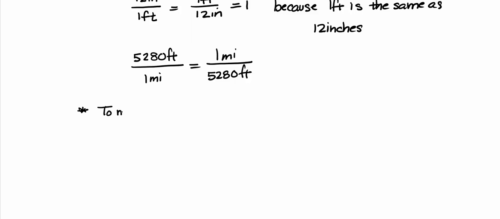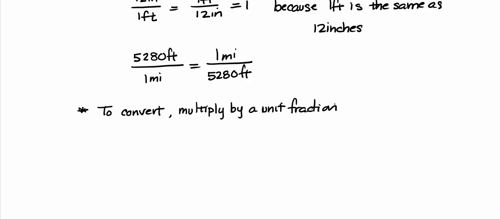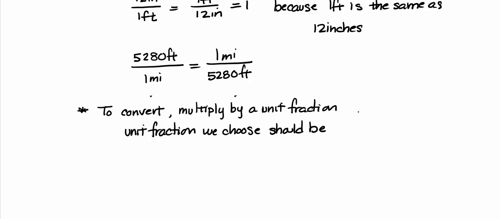So to convert, we multiply by a unit fraction. The question is, well, which one do we pick? Do we pick this one or that one? So the unit fraction we choose should be the fraction that has the units we want to convert to over the original units.